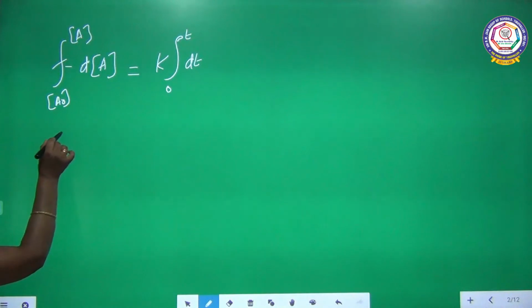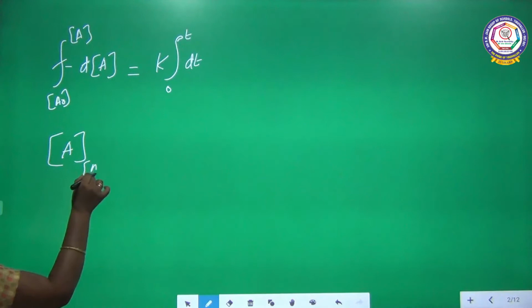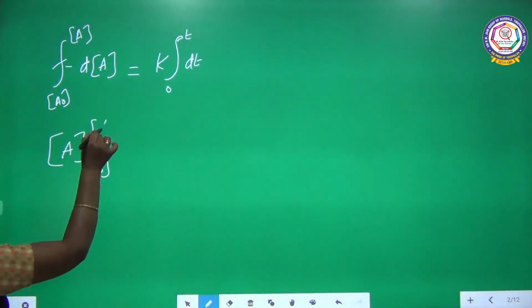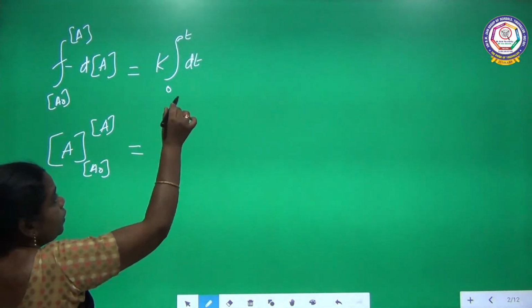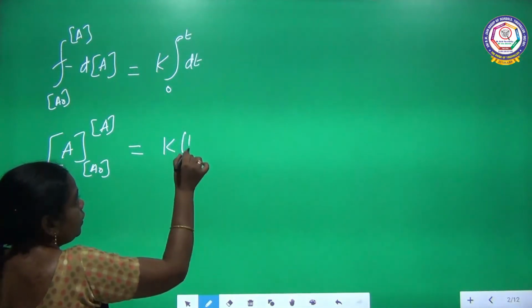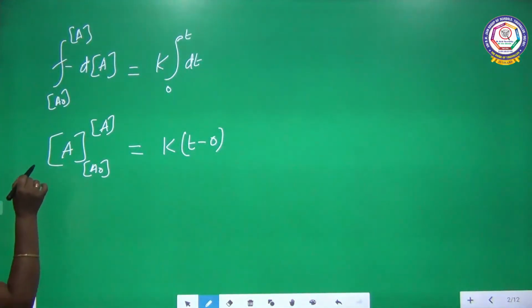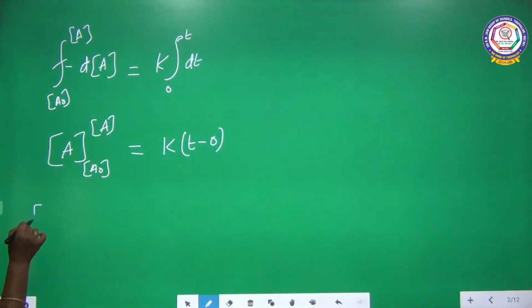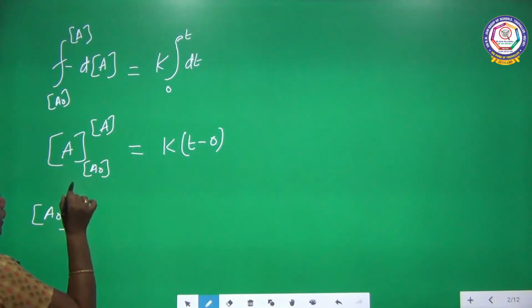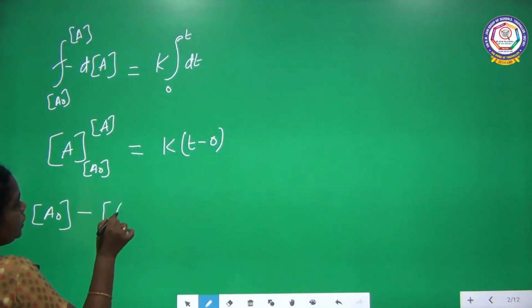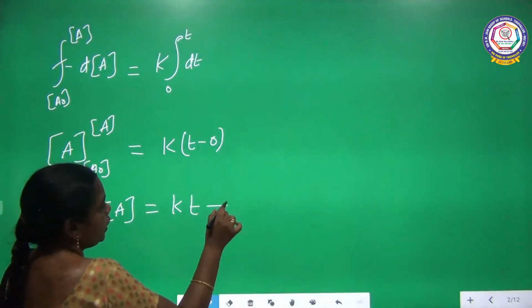So, this can be written as concentration of A from the limit A0 to A equal to K into the integral of dt, which is nothing but t minus 0, and this can be written as concentration of A0 minus concentration of A equal to K into t.